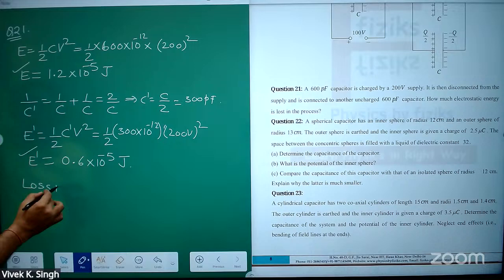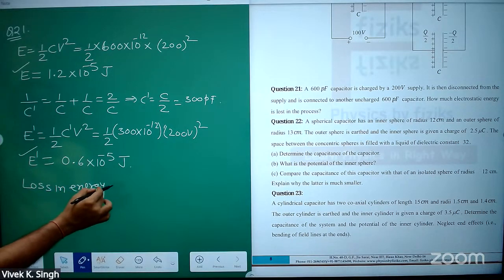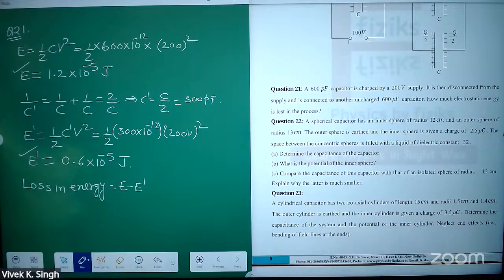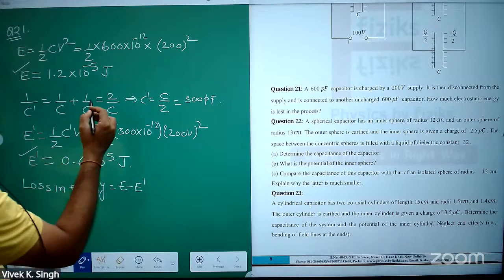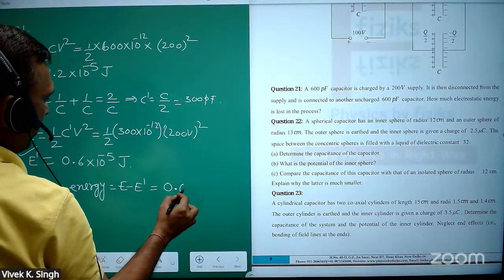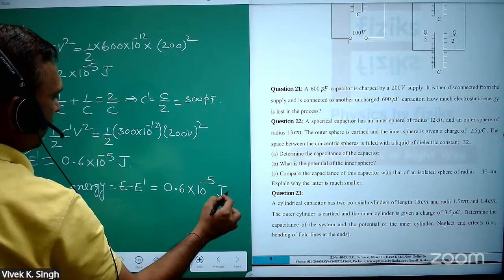So loss in energy is given by E minus E dash. So this will be 1.2 minus 0.6. So this will be 0.6 into 10 to power minus 5 joules.